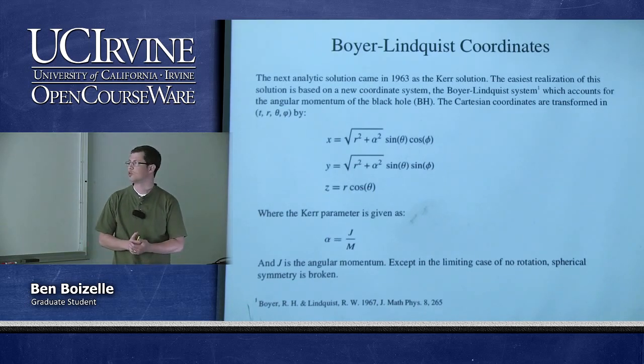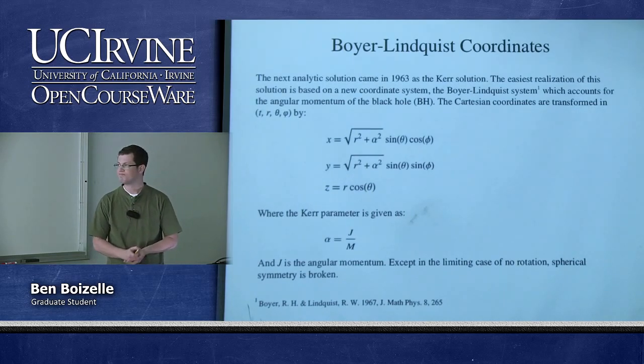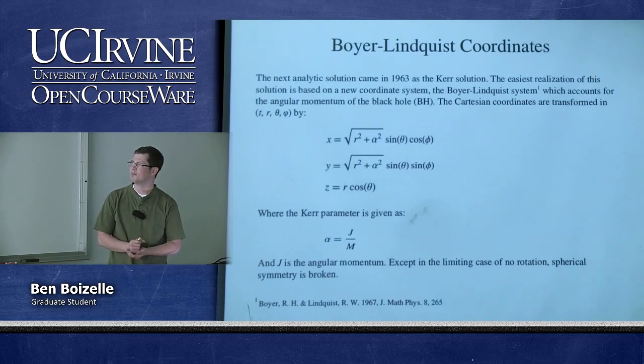The Kerr solution requires a new coordinate system where you have an additional parameter alpha, called the Kerr parameter. And that alpha, you can see here at the bottom, is equal to the ratio of the angular momentum of the black hole to its mass.